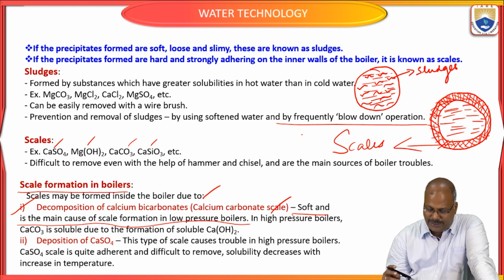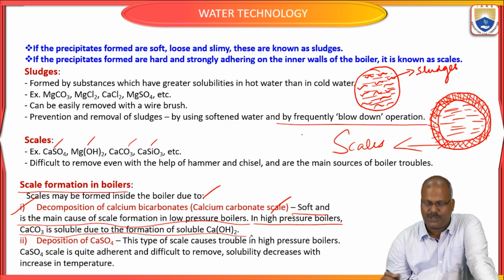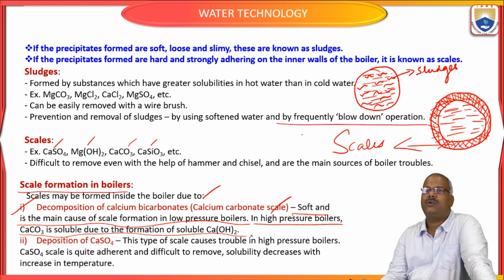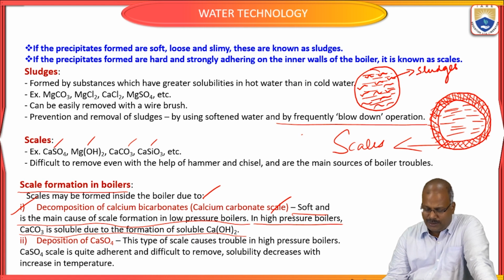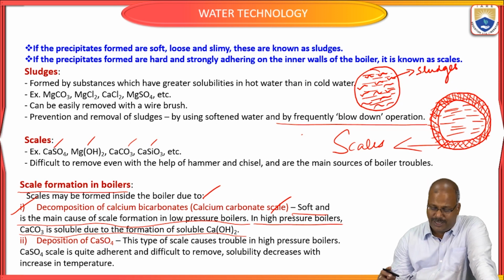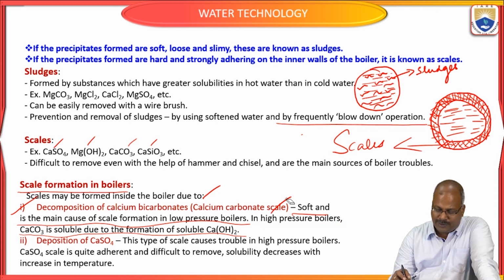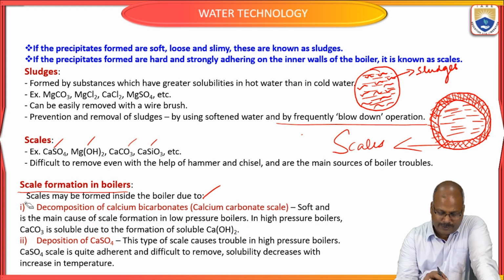In high pressure boilers, calcium carbonate does not form a scale, because it reacts and becomes soluble calcium hydroxide.